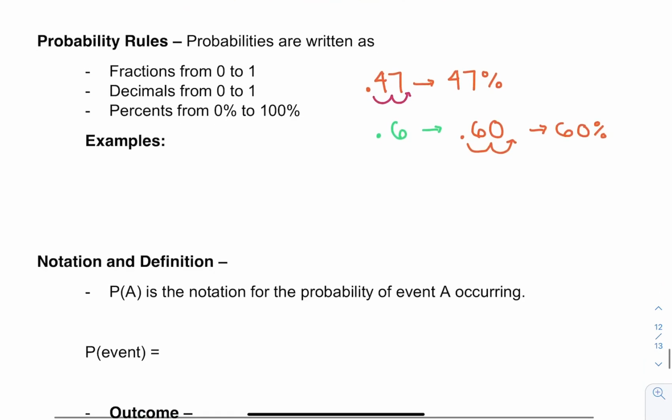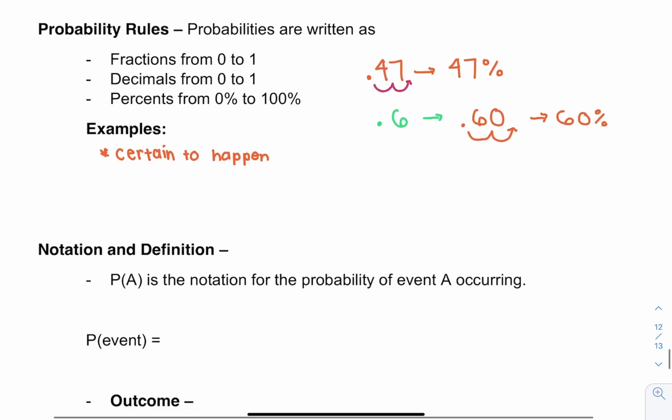So we have a few different examples. One of these is certain to happen. If there is something that is absolutely certain to happen, maybe like tomorrow is Tuesday, that's really, really certain, I can say that probability is 1, or I can say that is 100%.